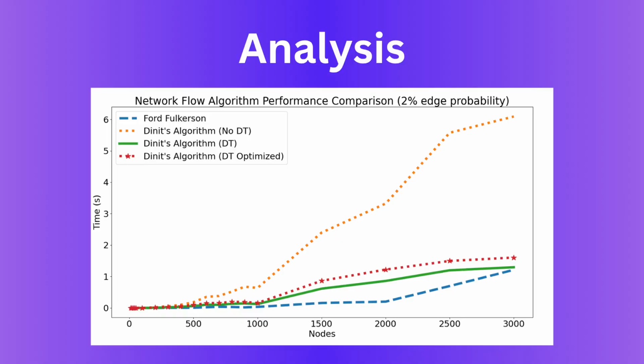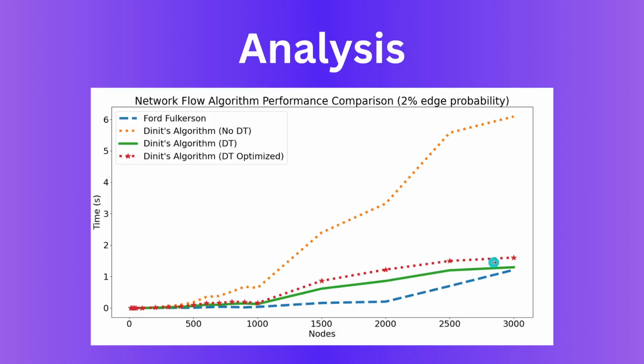but if we actually run the analysis, so if we have a very sparse graph, then we see the Dinic's algorithm without dynamic trees actually takes a lot of time. Whereas if we use the dynamic trees, and then there's an optimized version of the dynamic trees, which the difference is detailed again in the report, but we'll see that, and very funnily, the optimized version takes longer than the default version, and that's because the edges are connected randomly, so there's no further need to optimize.